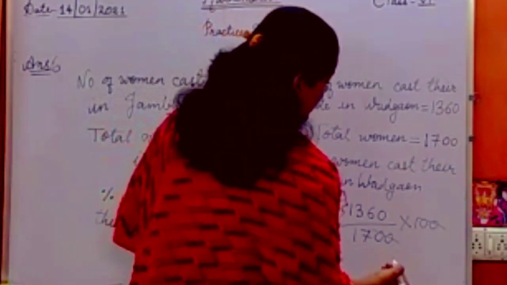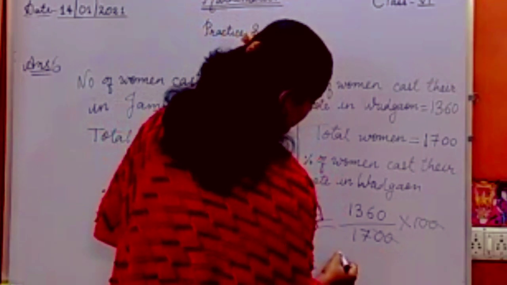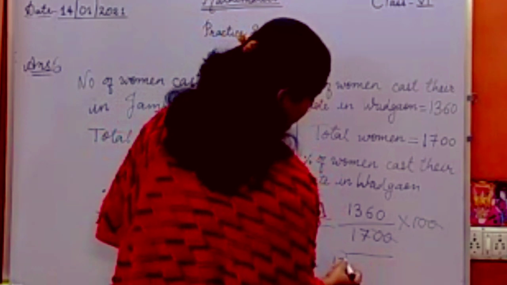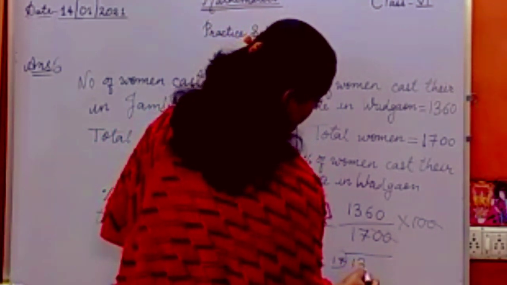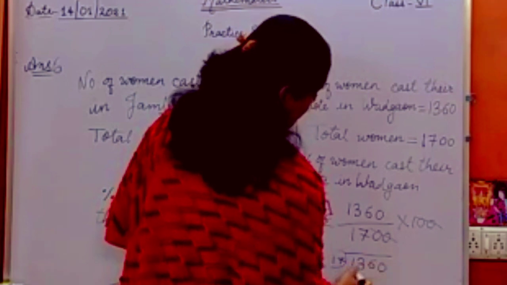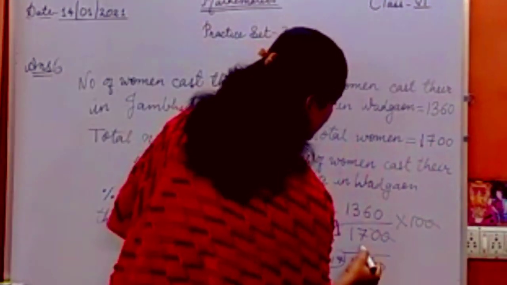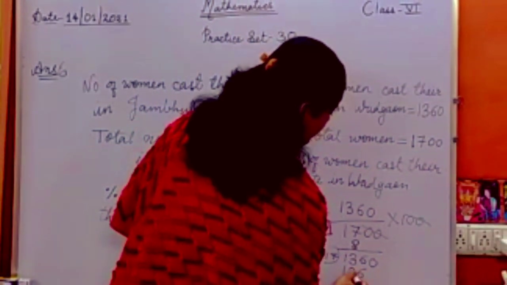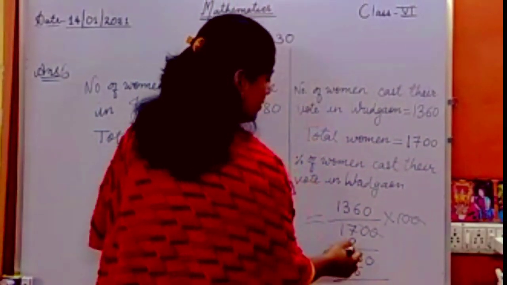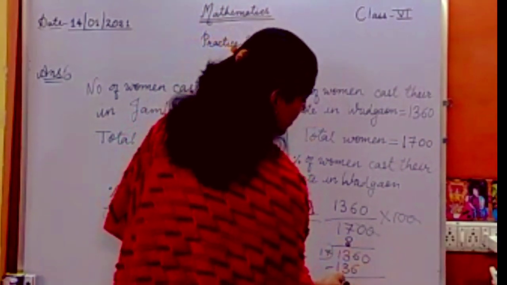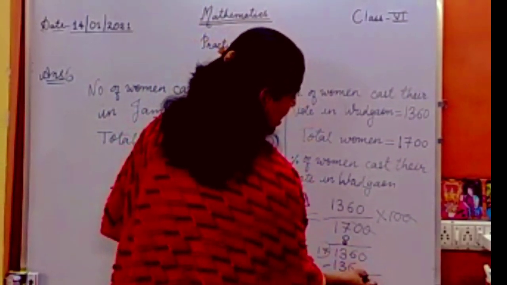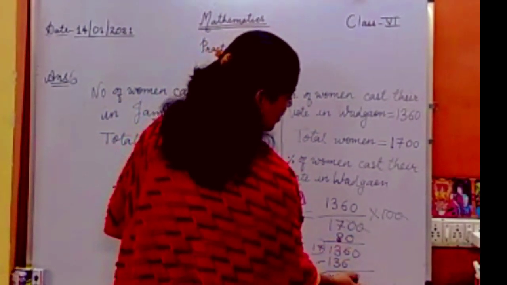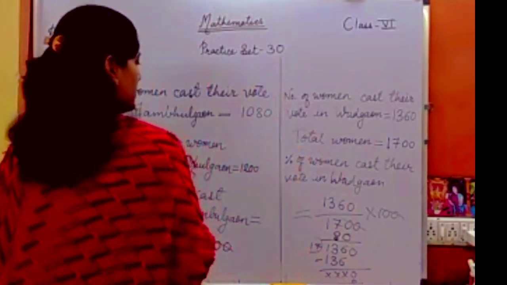Then let us divide it. 17 8s are 136. Okay, and here it will be 0 and we will take the 0. 17 zeros are 0. Here the remainder is 0, means 80%.